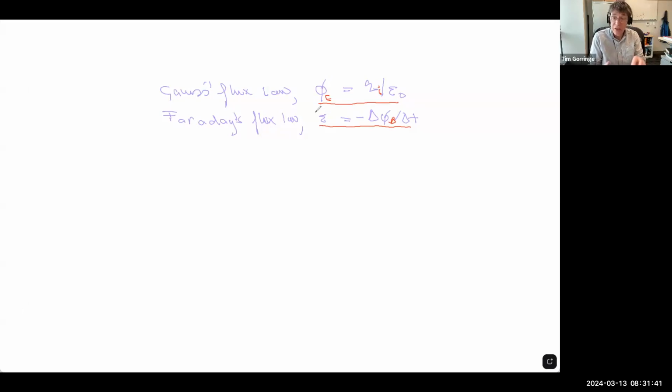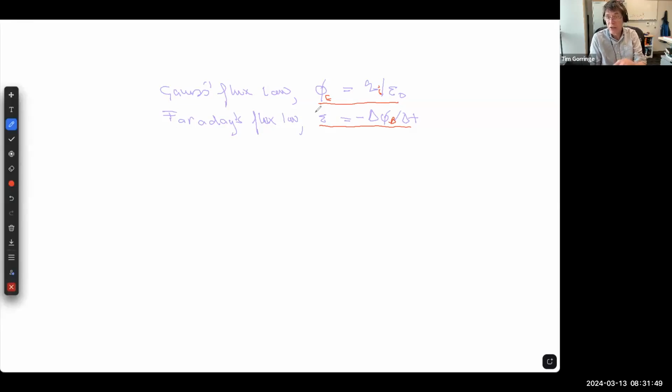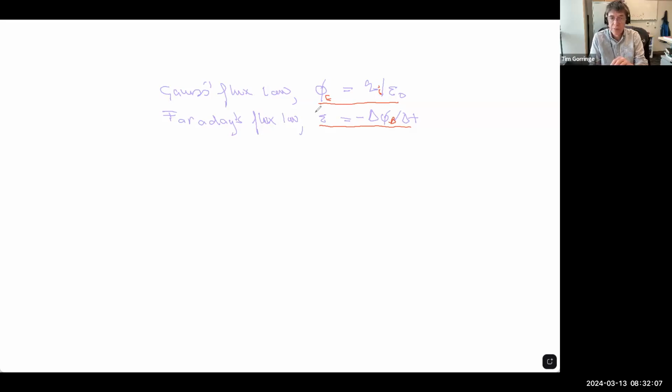The moving charges in the electrical circuit that we're thinking of in Faraday's flux law, in motional induction, those moving charges in a magnetic field experience a magnetic force, and that causes them to be pushed around the circuit. It causes the induced current, causes the induced EMF. So in this case, Faraday's flux law is an alternative way of expressing the magnetic force law on moving charges in magnetic fields.